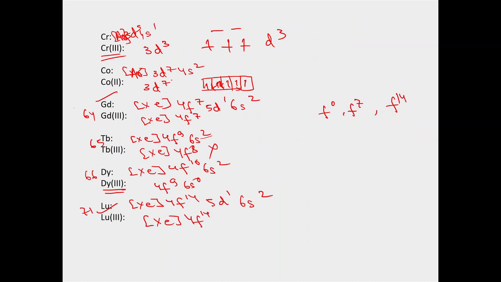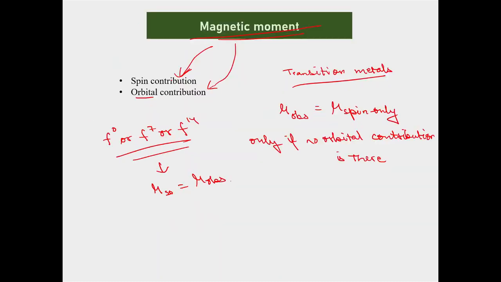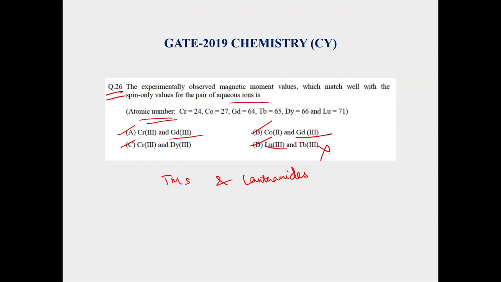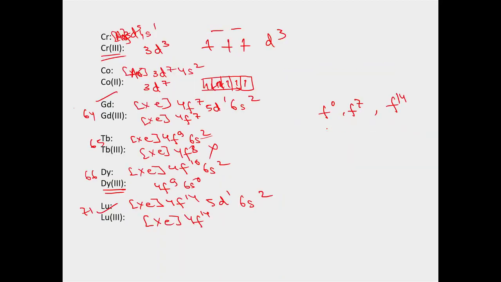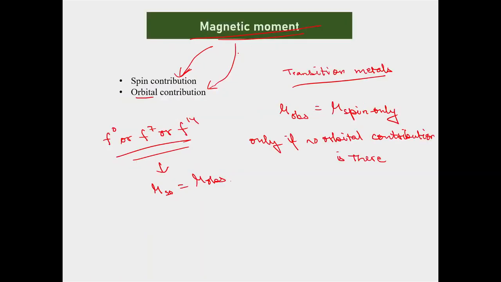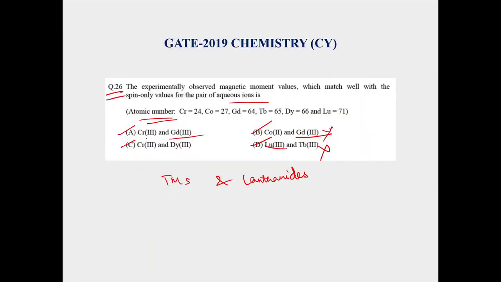Cobalt 2+ means d7 complex. Then chromium 3+, which is a d3 system. So this is filled, and that's why chromium 3+ and gadolinium 3+ will be the correct option for this question.